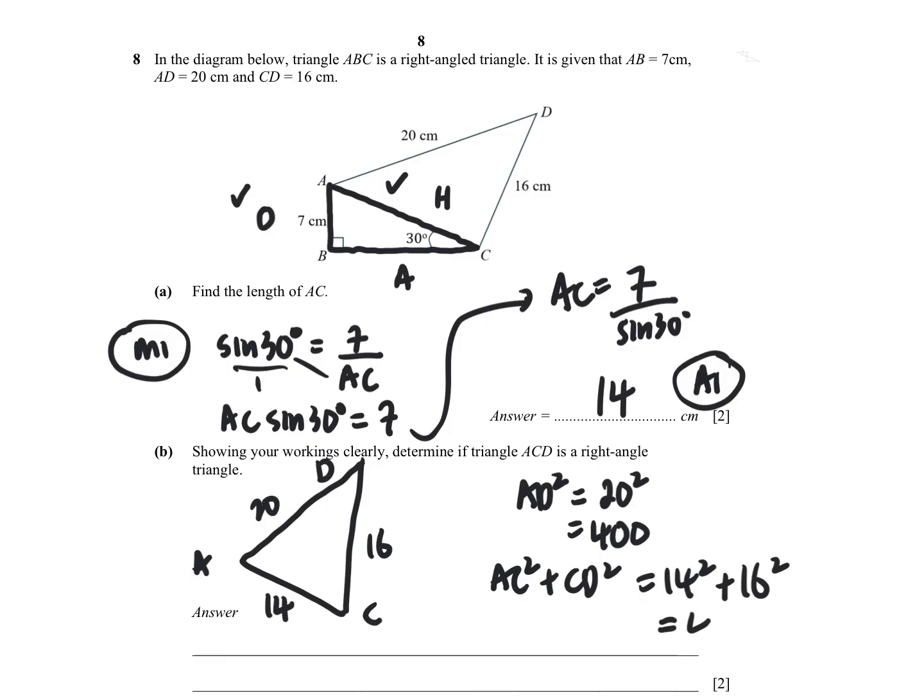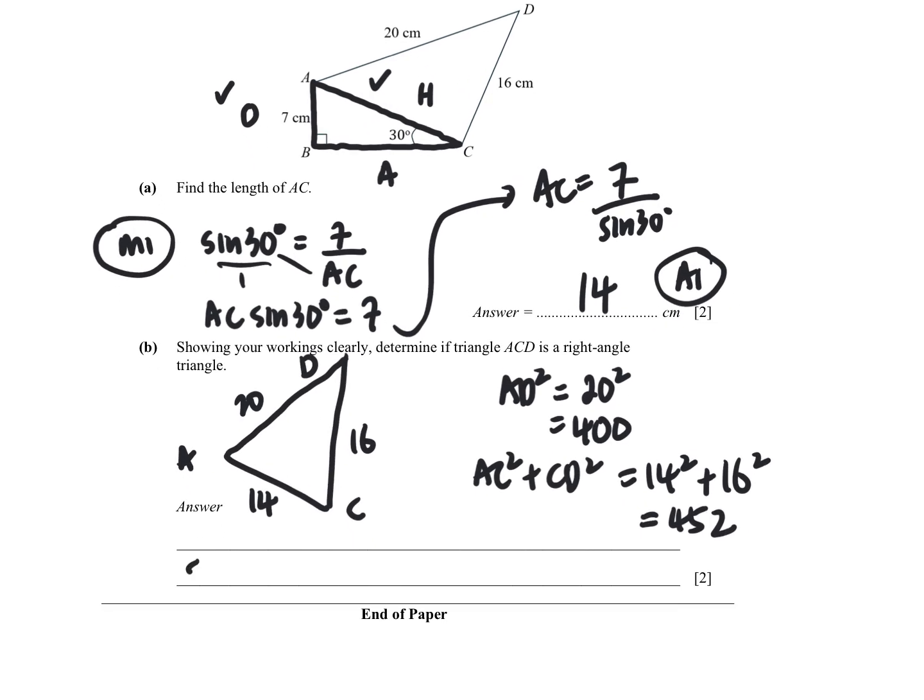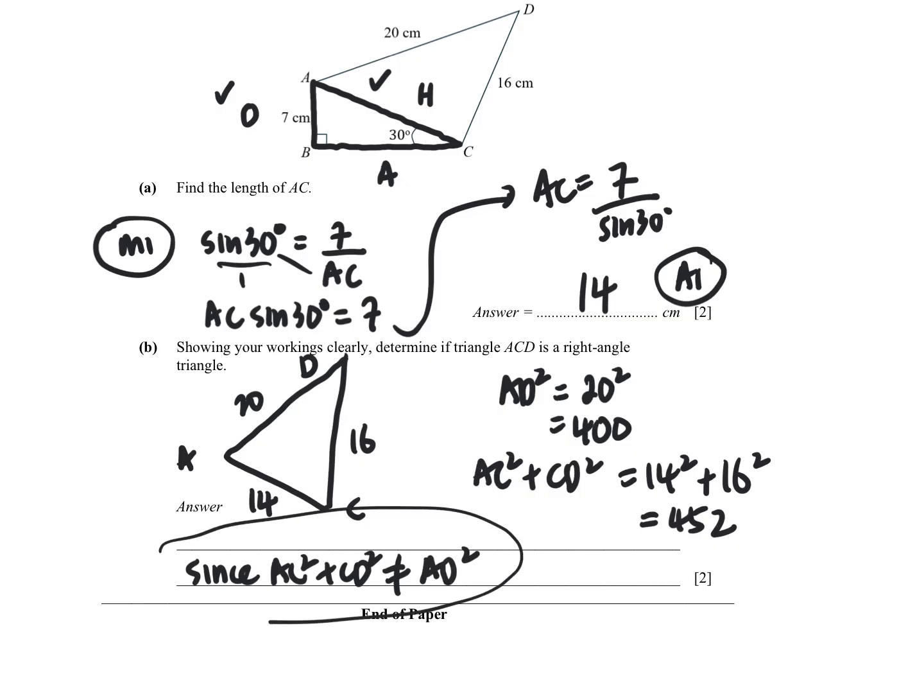And then if you calculate, it's 452. So when you realize that they are not equal, you need to tell me they are not equal. So you need to say since AC square plus CD square is not equal to AD square. Since they are not equal, I need to see this to give you the method mark.